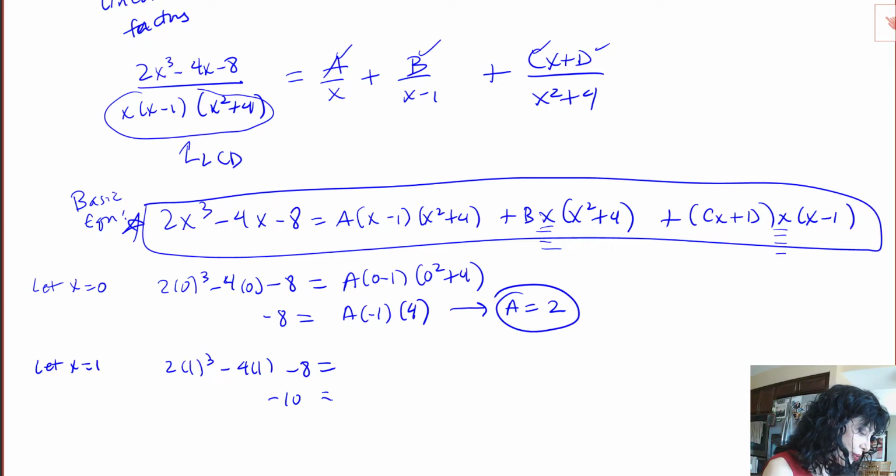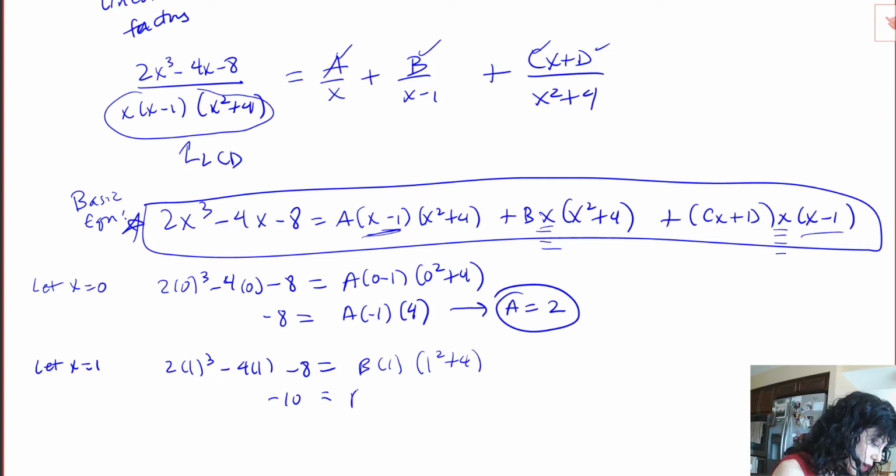And that's going to equal, on the right-hand side, this first term disappears because 1 minus 1 is 0. And then we'll have b times 1 squared plus 4. And then the cx plus d disappears because it's got that x minus 1 factor in it. So I'll have b times 1 times 5, and if I divide both sides by 5, I'll get b is equal to -2. Yay, success!